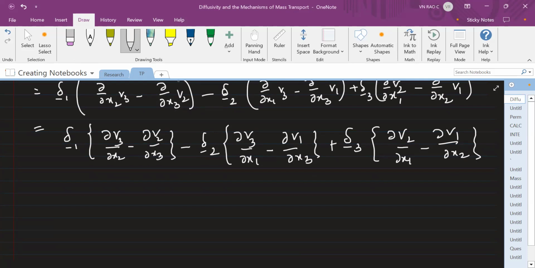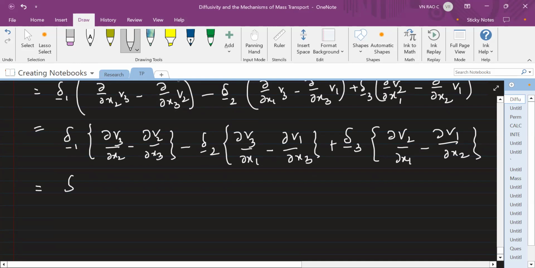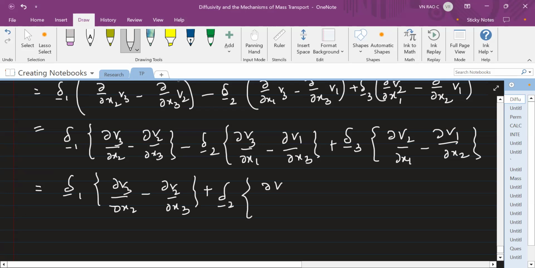This one, we can write as delta 1 (dou v3 by dou x2 minus dou v2 by dou x3). This one I make as plus, and I can write this as dou v1 by dou x3 minus dou v3 by dou x1.